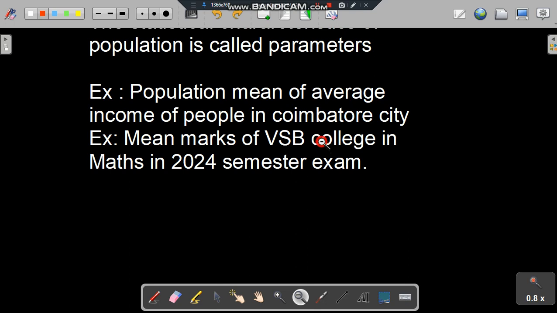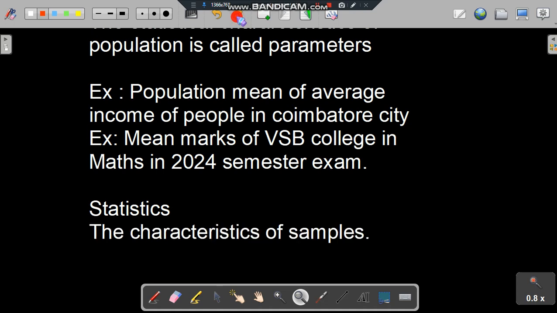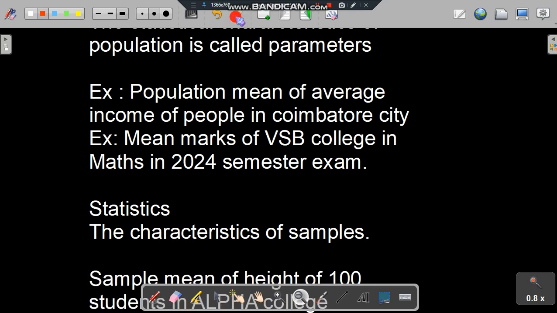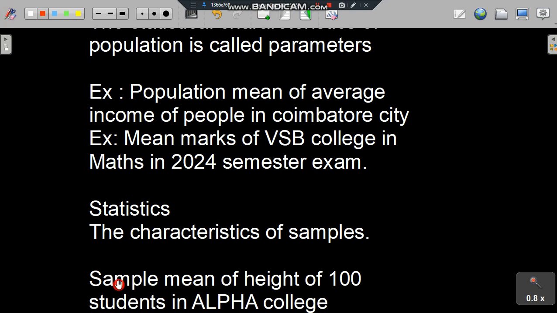Now let us look at statistics. What is a statistic? Statistics is nothing but the characteristic of samples. Characteristics of samples are called statistics. Take for example a sample I have taken: the mean height of 100 students in Alfka College.